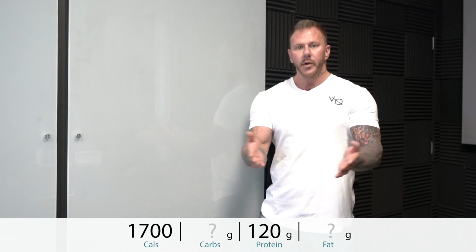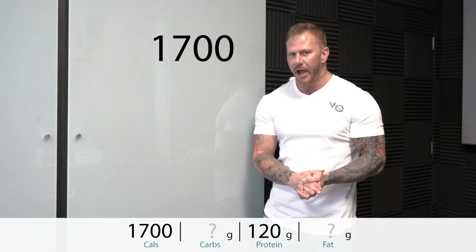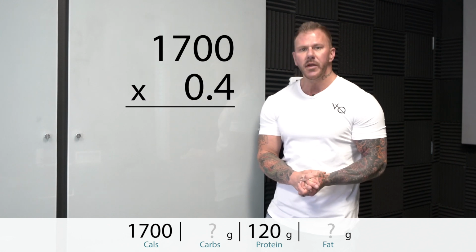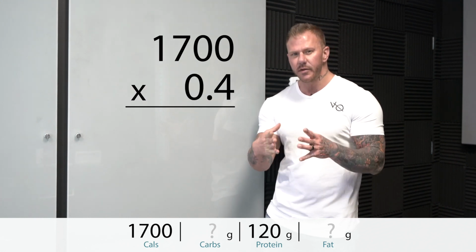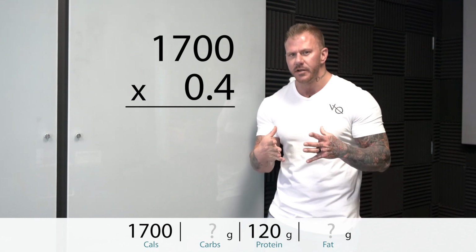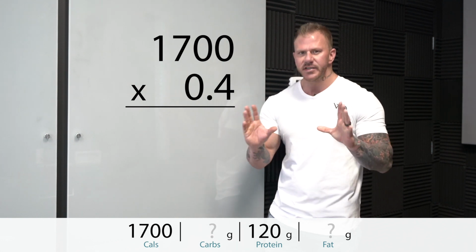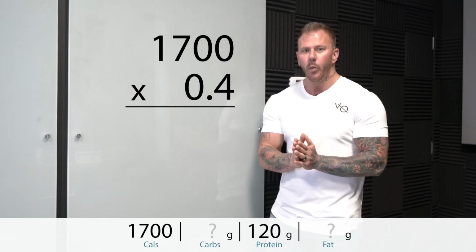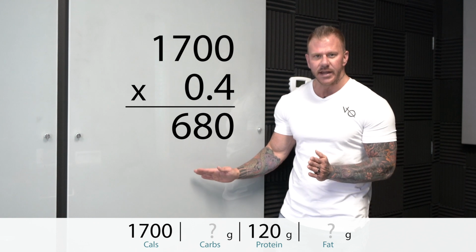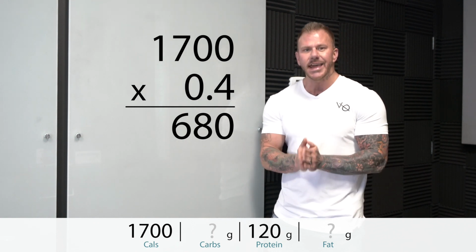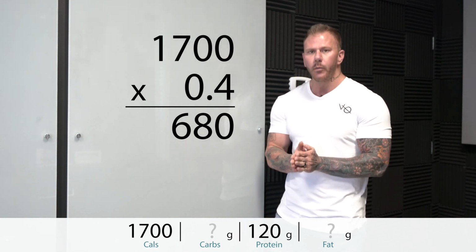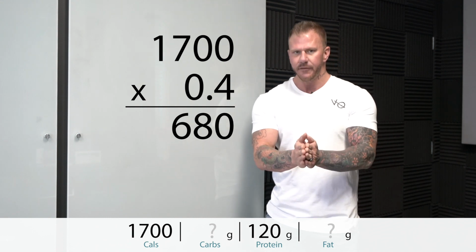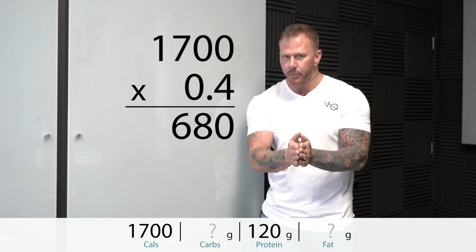So what do we do next? We take 1,700 calories times 0.40, because we're working about 40% of those calories coming from carbs. Remember, this is just a baseline estimate. What is the number we get? 680. So we have 680 calories coming from carbs. Now remember, carbs carry 4 calories per gram, so does protein.